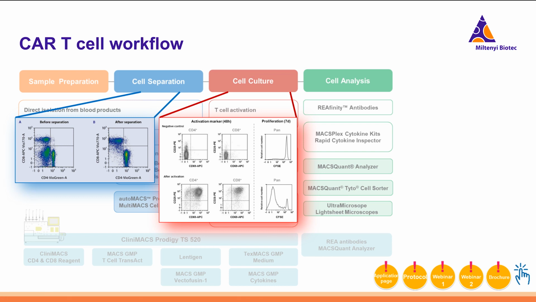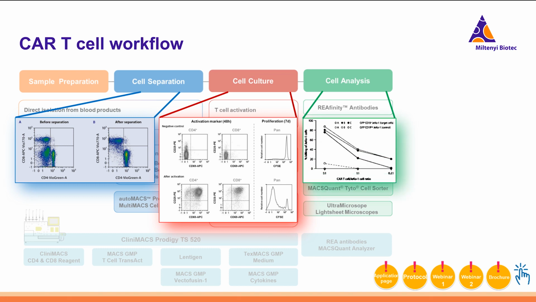Hereby, not only highest performance is essential, but also reliability, reproducibility, and the easy translation from a research setting into a clinical setting, which is typical for CAR T-cell research. In the end, but also already during ongoing manufacturing, the phenotype and functionality of the resulting CAR T cells is assessed using our flow portfolio, for example with REAffinity antibodies, the MACS Cytokine Kits, and of course the MACSQuant flow cytometers.